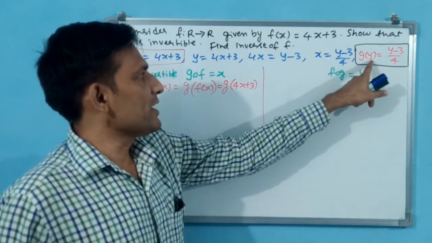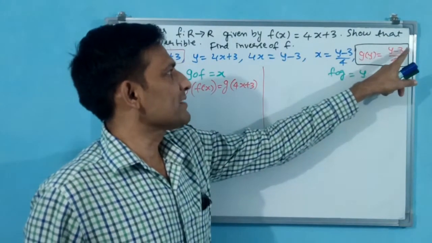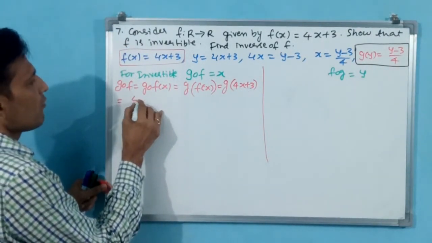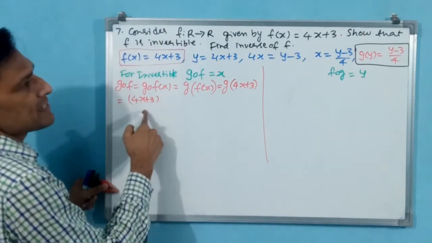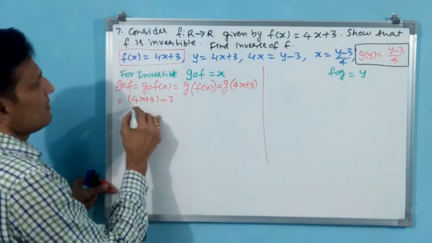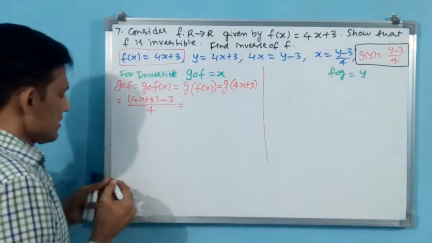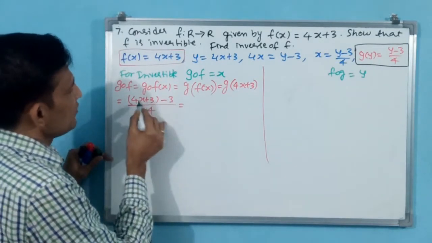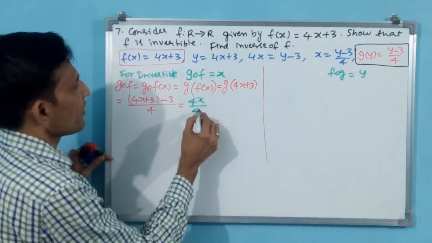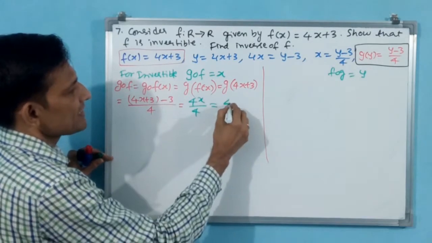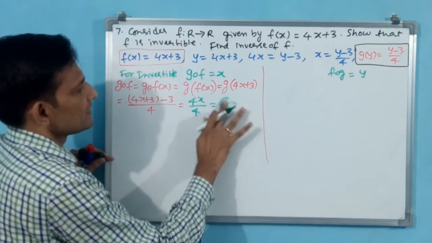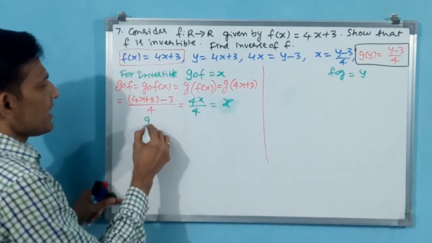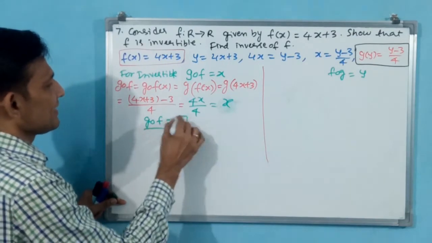See, in G, if you give any input, that input minus 3 by 4 will come. That means 4x plus 3 is the input here, so you keep it as y minus 3 by 4. Now you see, if you open the bracket, plus 3 minus 3 gets cancelled. That means 4x by 4, 4 gets cancelled and x will come. X.